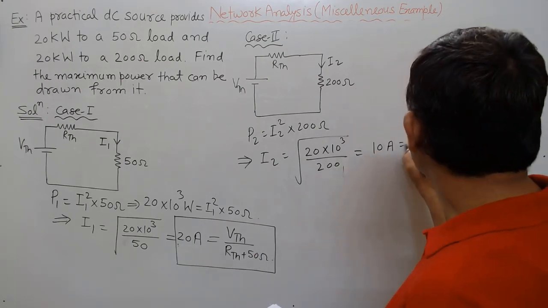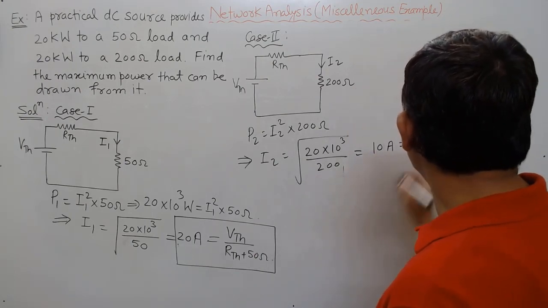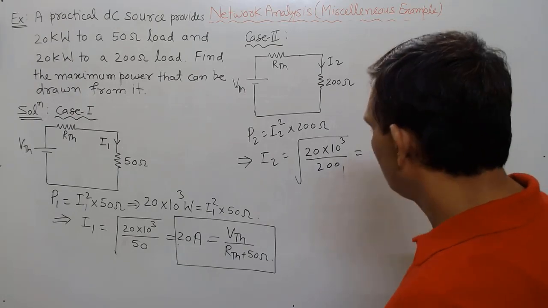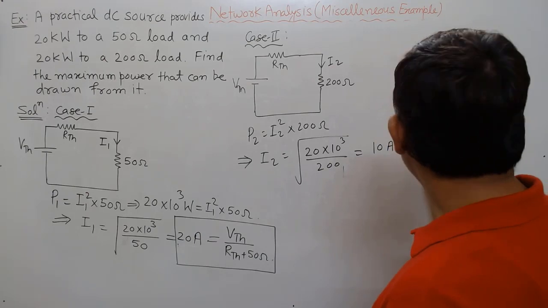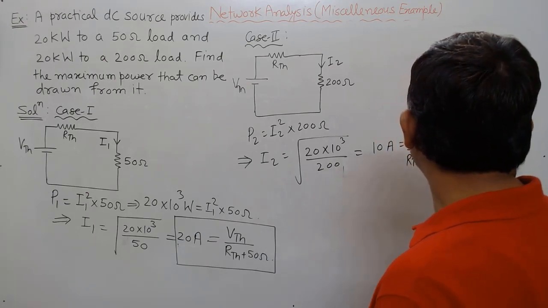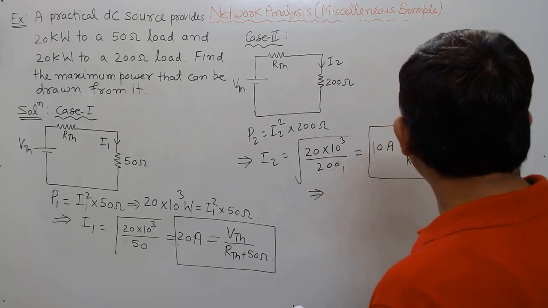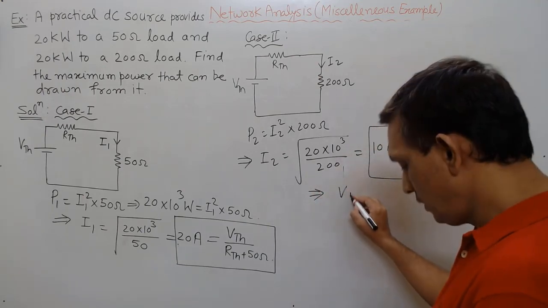And that is VTH by RTH plus 200 ohm. So from this relation you can write what will be VTH.